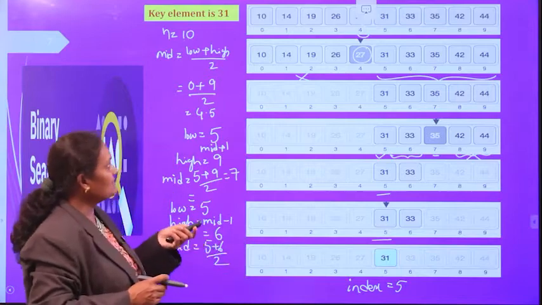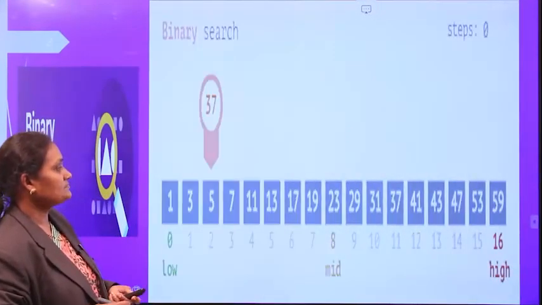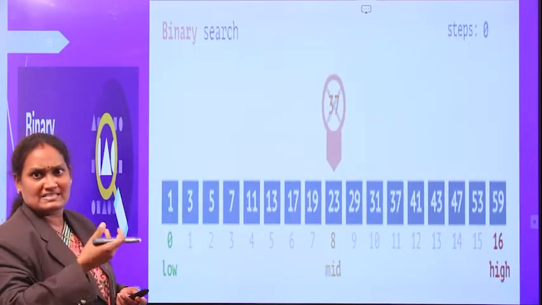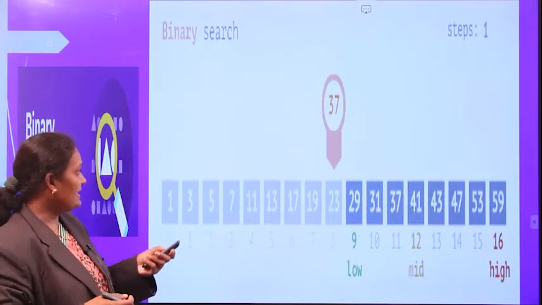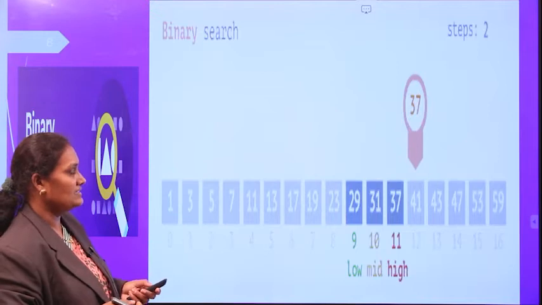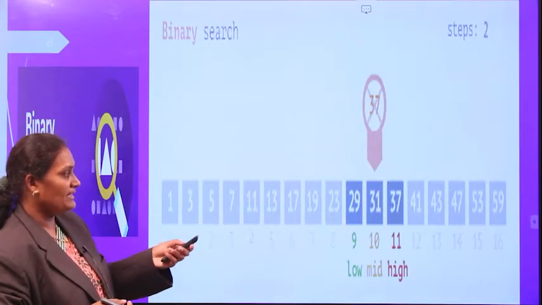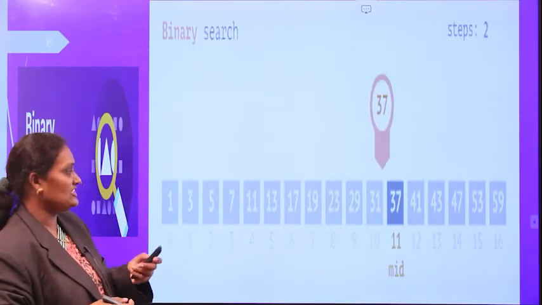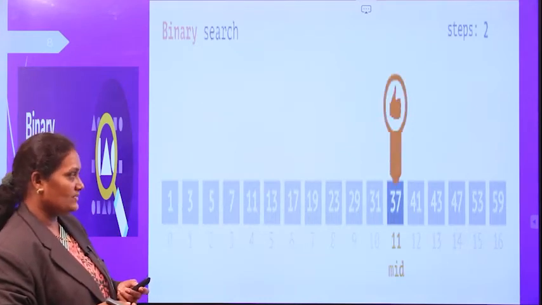Now let us see the binary search process. The same example that I showed for linear search. Here also I have given the same example which contains 17 elements. Here you can observe how the low value, mid value and high value are changing. Let us observe this video.